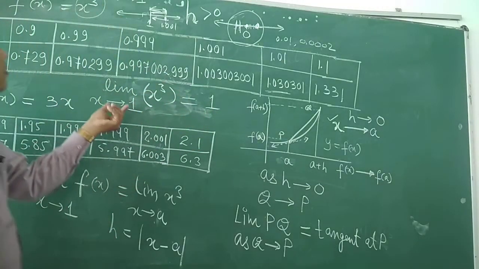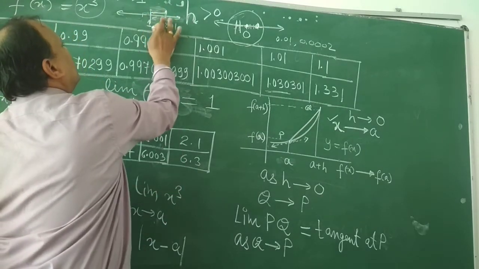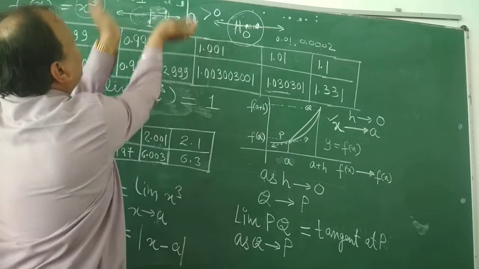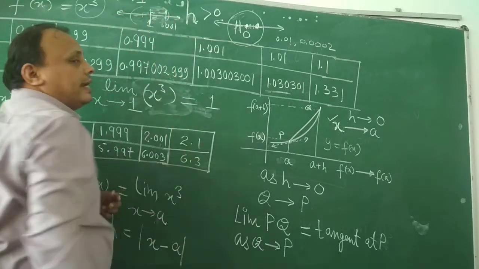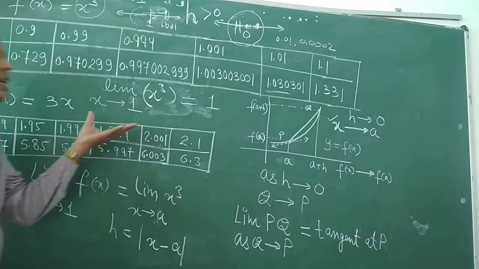The cube of all these values in the neighborhood of 1, when we cube them, tend to 1. So this is how we can introduce it.